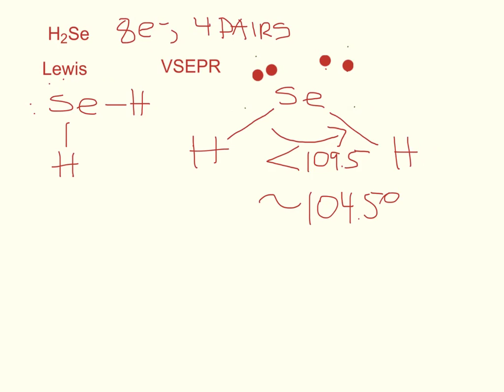So now we're going to move on to a box diagram to show how the selenium atom is going to bond to these 2 hydrogen atoms in regards to their electron orbitals.